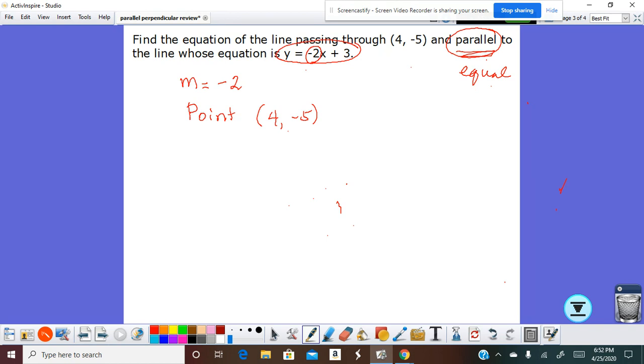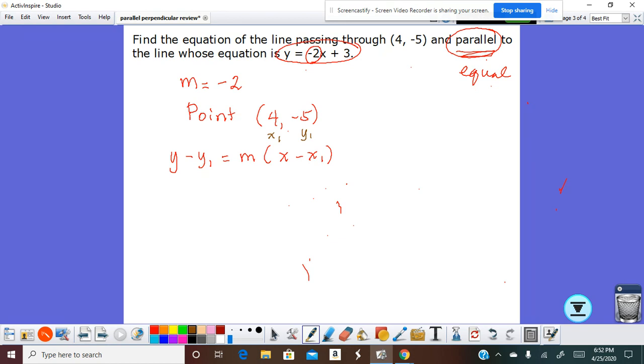The point-slope form of the equation of the line is y - y1 = m(x - x1). 4 is our x1 and -5 is our y1.